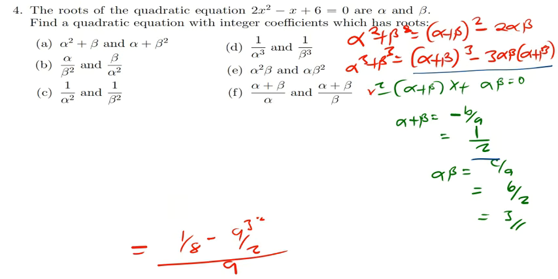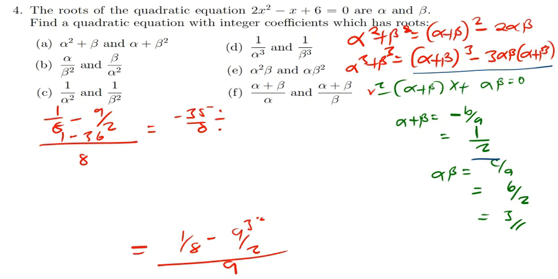We're trying to find the sum. So we have 1 over 8 minus 9 over 2. The common denominator is 8. 1 times 1, so here 4 times 9 is 36. And I'll have negative 35 over 8.